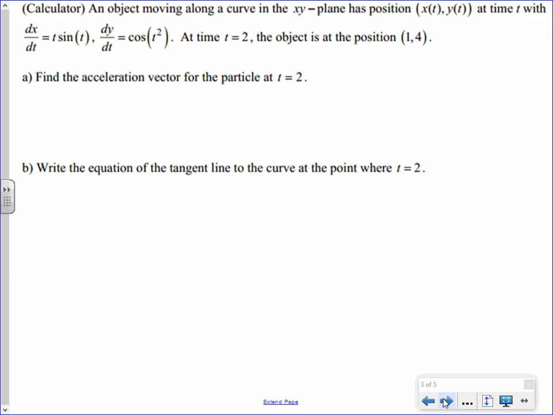Find the acceleration vector for the particle at t is 2. Okay, acceleration vector. Jake, what's our horizontal component?